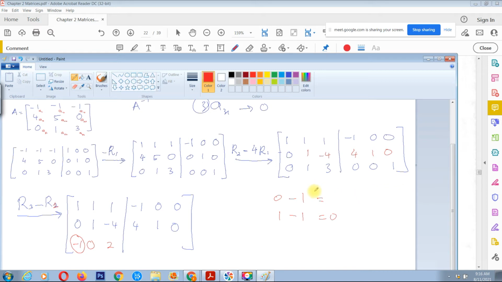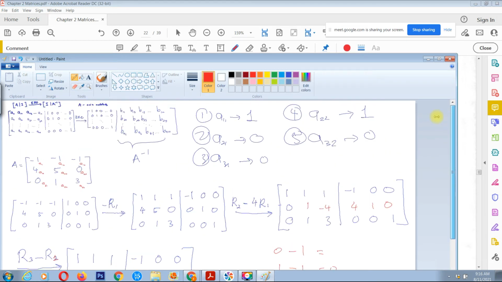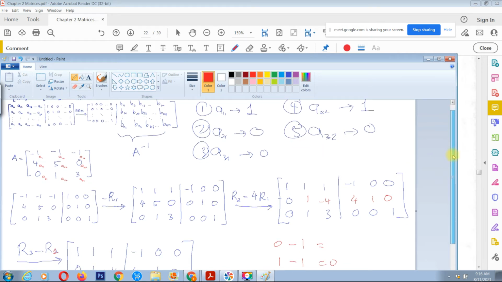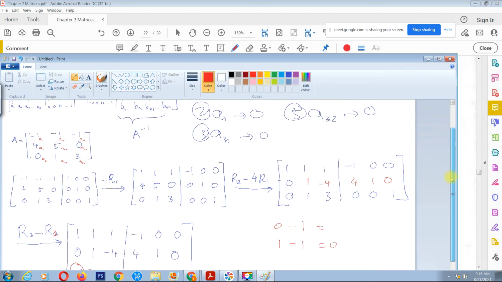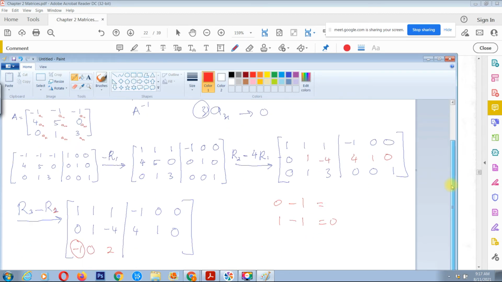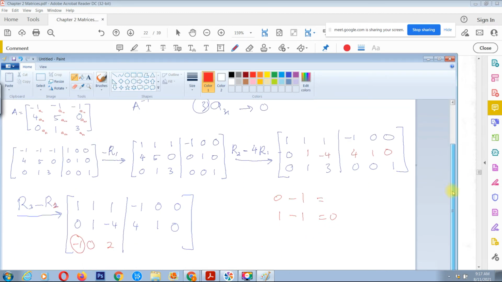But the shortcut is to use a fixed method first. Because some people get confused about what they should do first. That is the problem in elementary row operations, ERO.